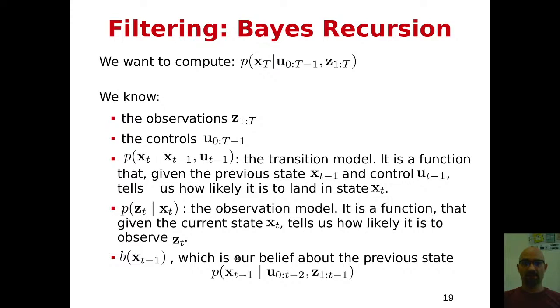In addition to that, we introduce the concept of belief. The belief is the probability distribution of our filter, which will then become a recursive algorithm, so an algorithm that can be carried on incrementally as new measurements and new controls become available. We have to think about the distribution of the current state. In this case, b of x t minus 1 means the belief at time t minus 1, which is a distribution of the state that we think is correct at time t minus 1.